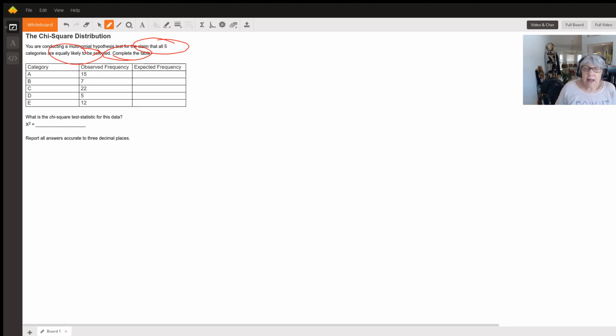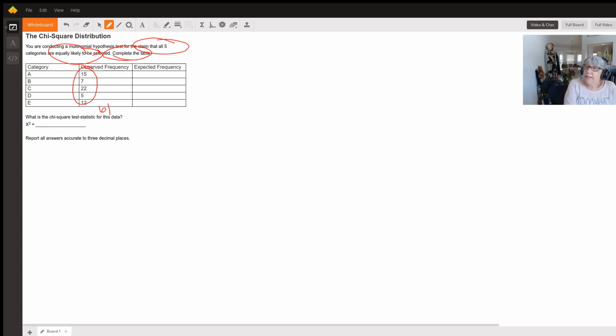So that means that the total number of observed responses, or whatever it is that we're observing in each category, the total number of observations, should be divided equally among the 5 categories. If we add up the observed frequencies, we get a total of 61.